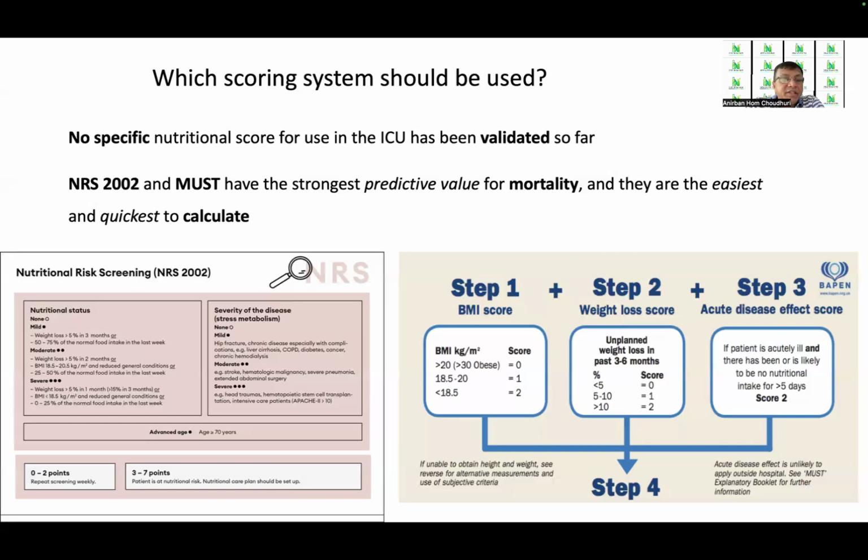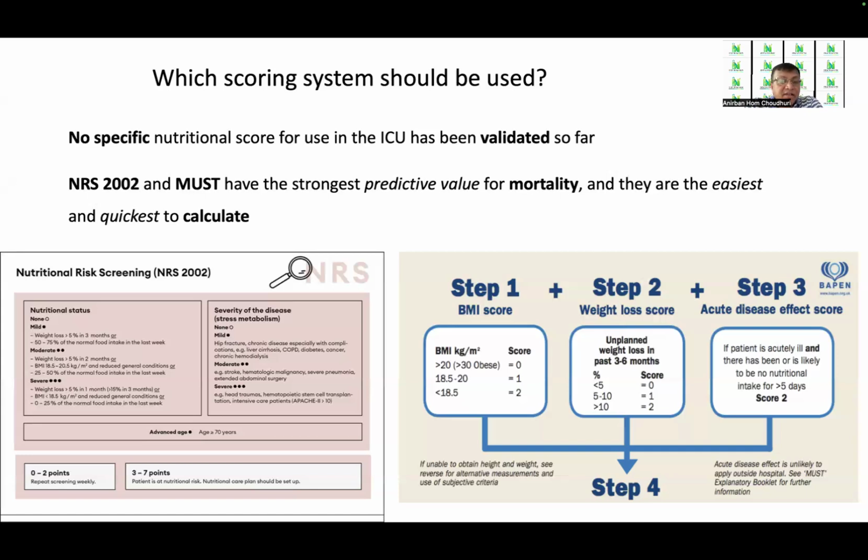The severity of the disease on the basis of stress metabolism is also indicated, either none, where there is no risk; mild, in the presence of hip fracture or chronic disease, particularly with complications like liver cirrhosis, COPD, diabetes, cancer, etc.; moderate, in the presence of stroke, hematological malignancies, severe pneumonia, extended abdominal surgery, etc.; and severe, when there is head trauma, hematopoietic stem cell transplantation, APACHE more than 10, etc. So that gives you the nutritional risk screening and the maximum number of points.